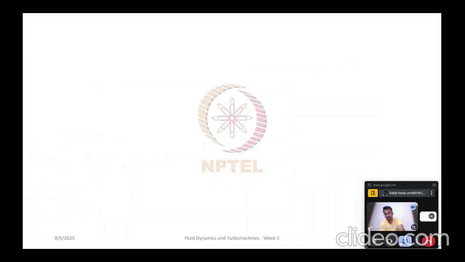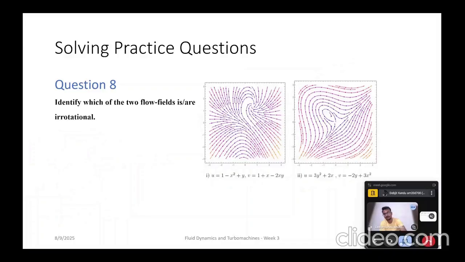Alright, so moving on. It's the same set of equations once again. The question is different. Now it's asking whether these are irrotational or not. So once again we will follow a similar procedure.